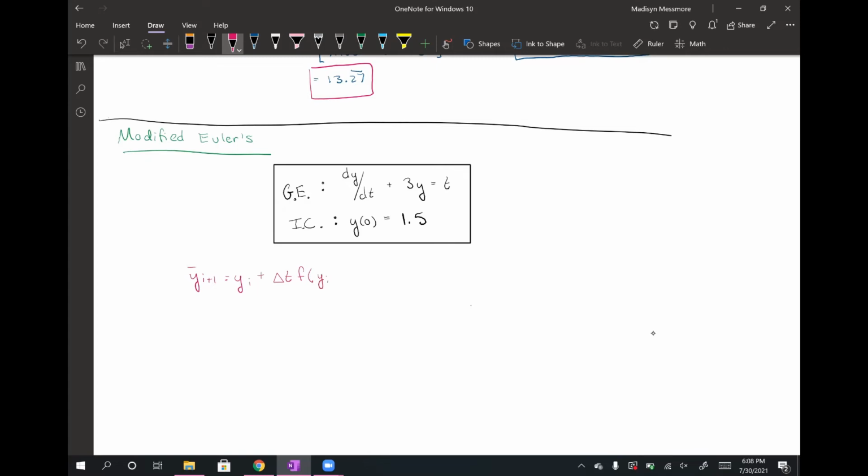And then y sub i plus 1 is y sub i plus delta t. It's a hideous delta. It's still pretty ugly. Anyway. f of y sub i, t sub i plus f of y bar sub i plus 1, t sub i plus 1.